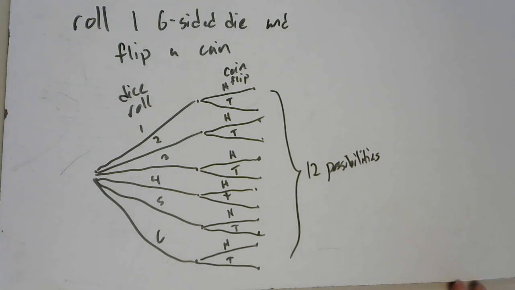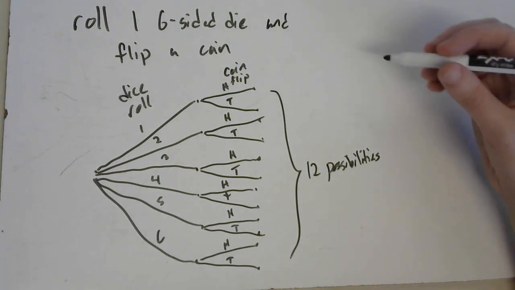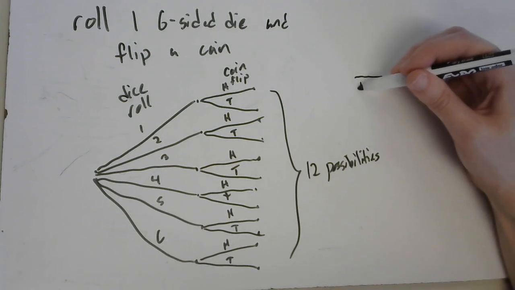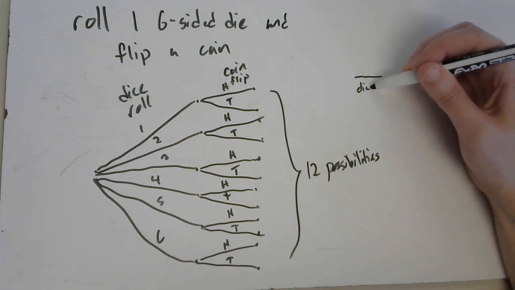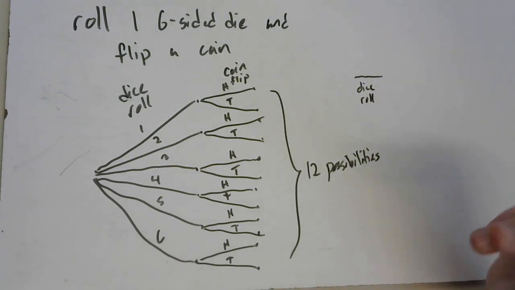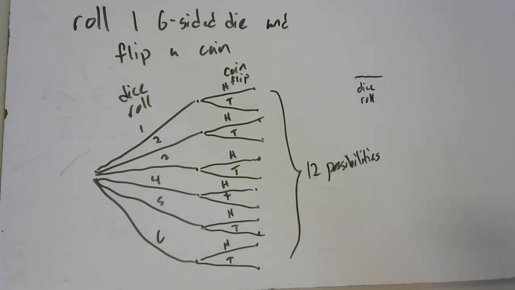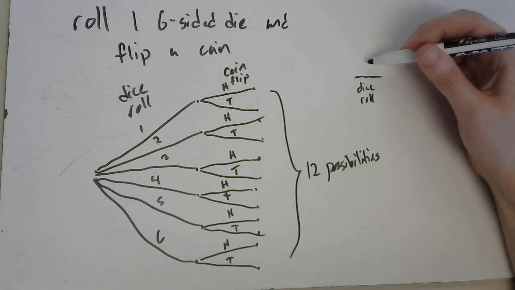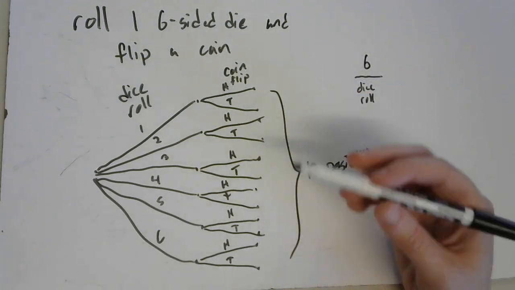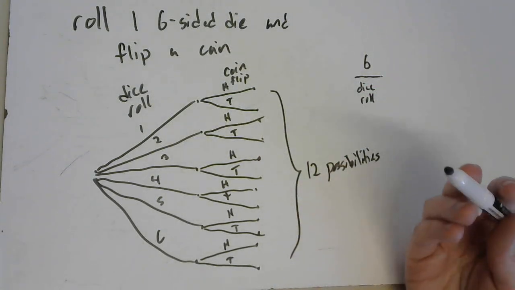I want to look at ways that I can save myself some of the work of always drawing out a tree diagram. So if we notice what happened, first I rolled my dice. There were 6 different outcomes from that. For each of those outcomes, I was then flipping a coin.